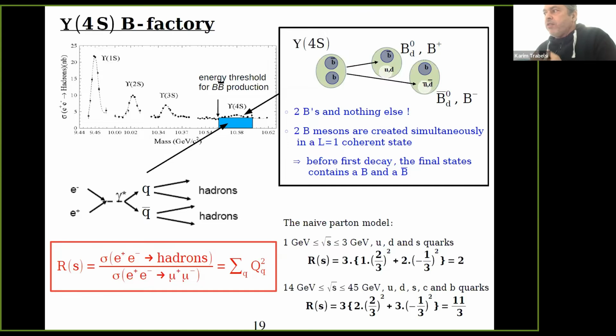For the CP violation, another important part is that the two B mesons are created in a coherent state. So you have B B bar always until one of them decays, and the other B can change flavor from B0 to B0 bar. So this will also be one very important ingredient.